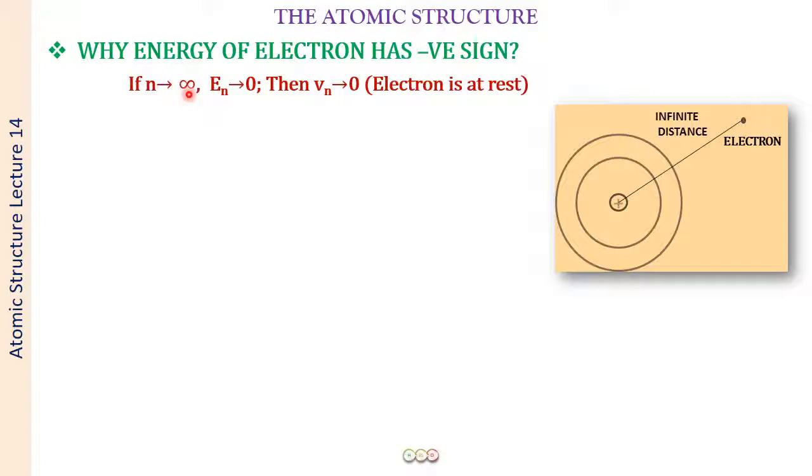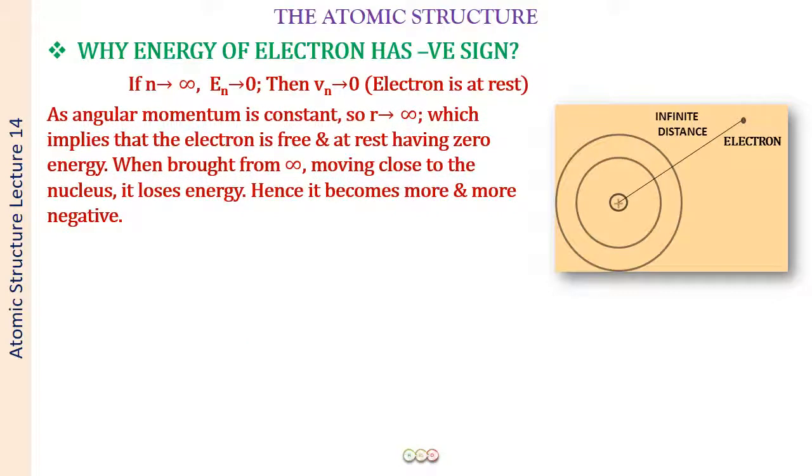And if n is approaching infinity, we were seeing that with the increase in value of n, the energy of the electron was becoming less and less negative. So this is approaching zero, right? And similarly, the velocity is also approaching zero. So the electron is at rest. Fine.